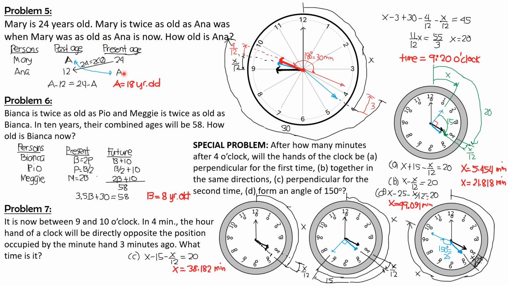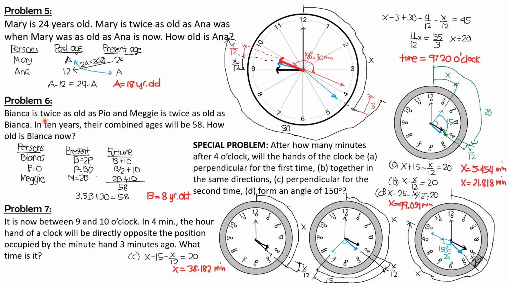Since Anna is A years old at present, the past age of Mary, X years ago, must be equal to that of Anna now. Since by principle the difference in ages between two persons is constant at any time, that means A minus 12 equals 24 minus A. Solving for A, it is 18 years old.